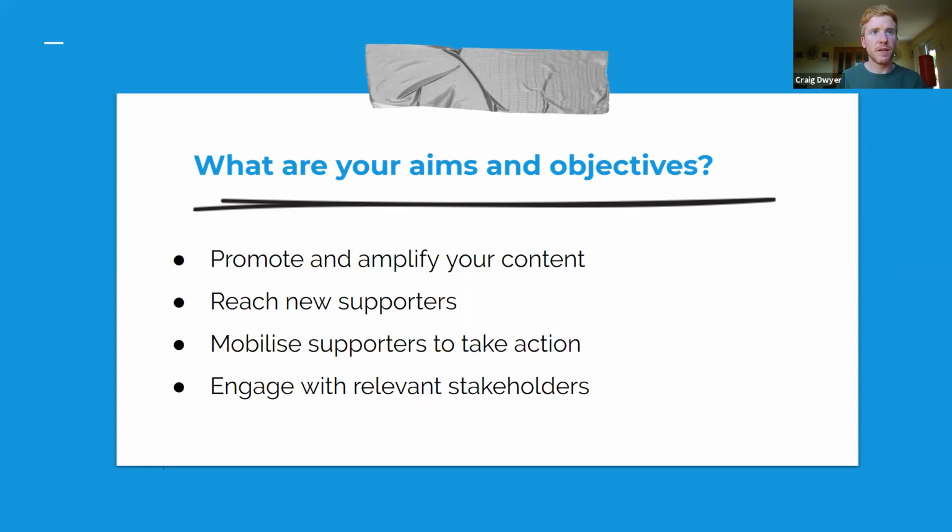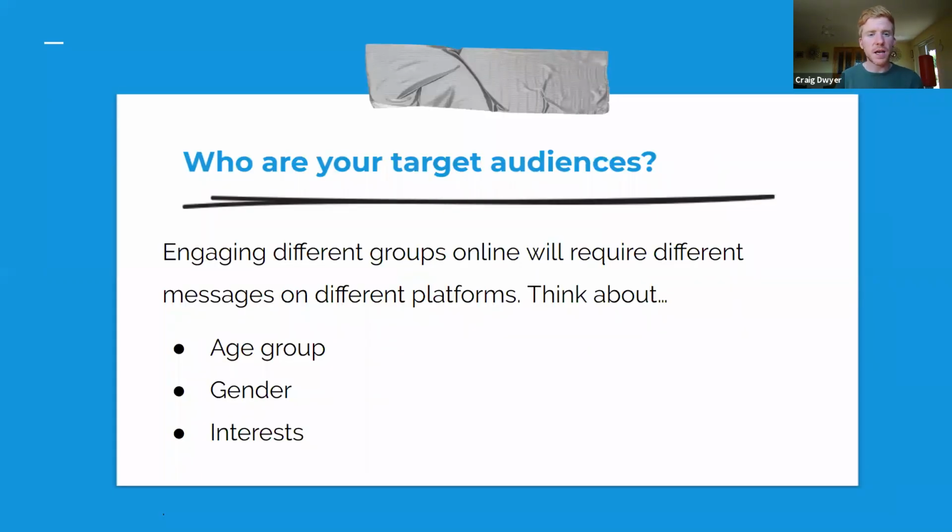Okay, and I suppose that feeds into the next stage in the process, which is also crucially important: being able to clearly identify and define who your target audiences are, because engaging different groups online does require different messages on different platforms.